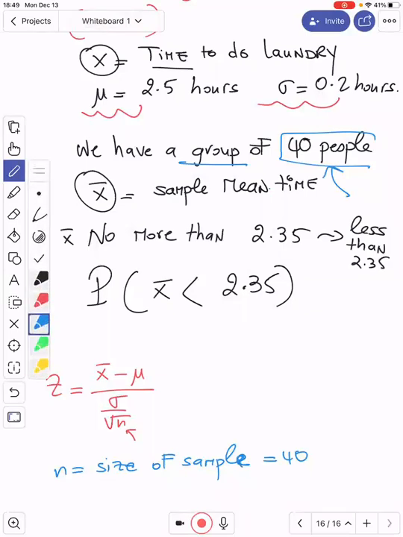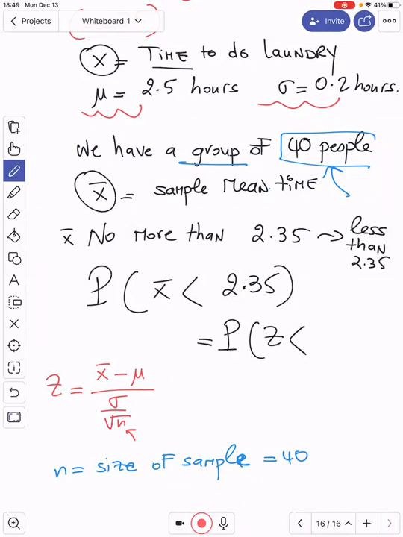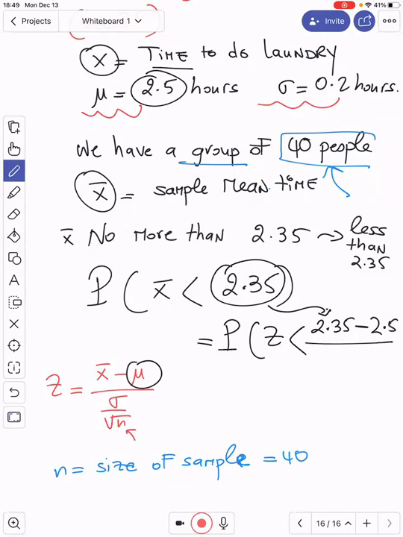So if you convert this x bar to z, you take this number, 2.35, and subtract the mean, which in this question is 2.5, over sigma, which is 0.2, over square root of n, so square root of 40.